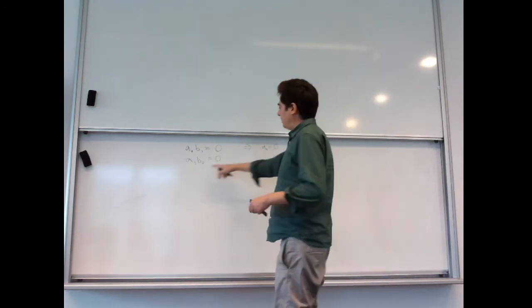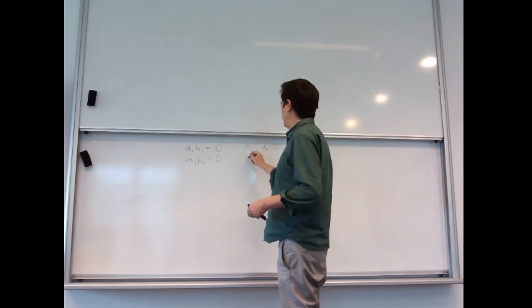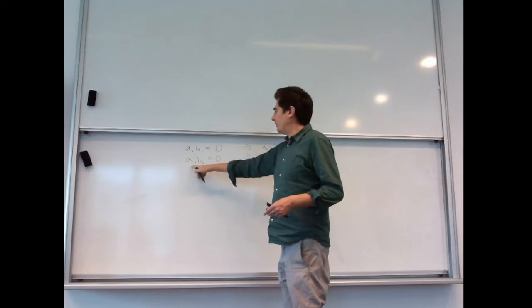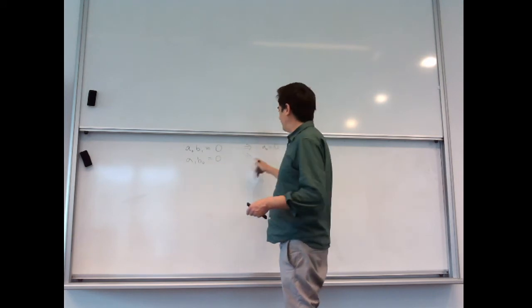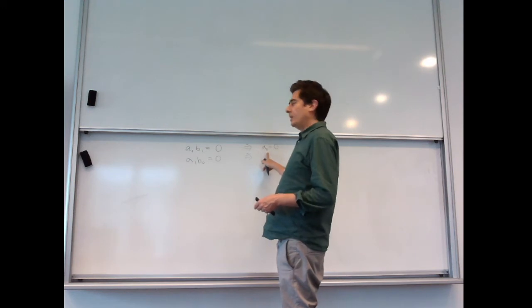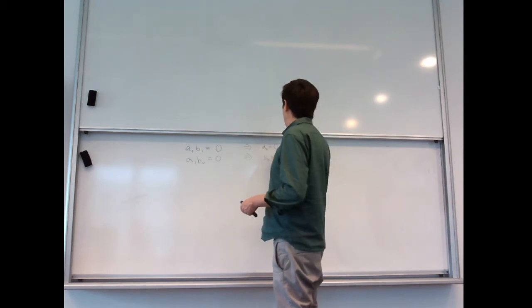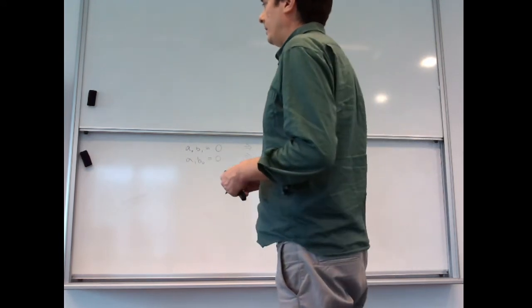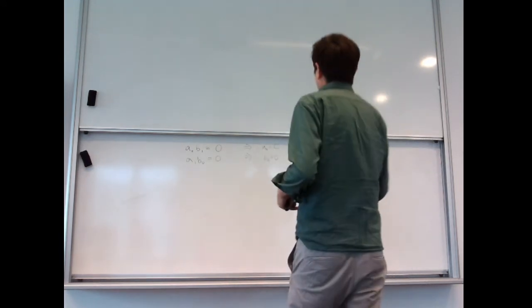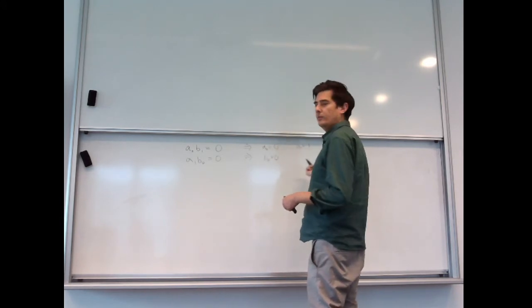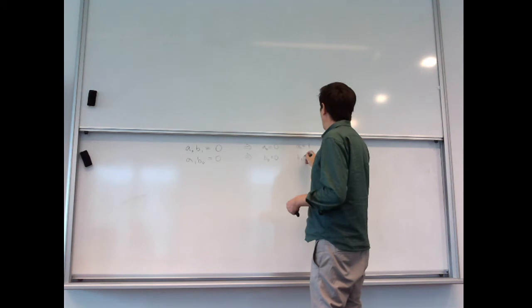But then A0 doesn't appear here, so I need another condition. So now I need to set another variable to 0. I can't really do A1, because if I set A1 to 0 and A0 to 0, then it's not in the normalized state, right? So I'm forced to do B0 equals 0. And then A0 equals 0 implies that A1 is going to be 1 for normalization, then B1 is 1.